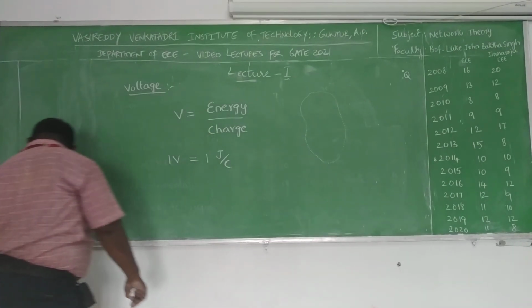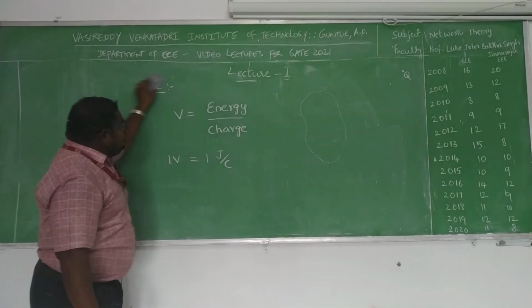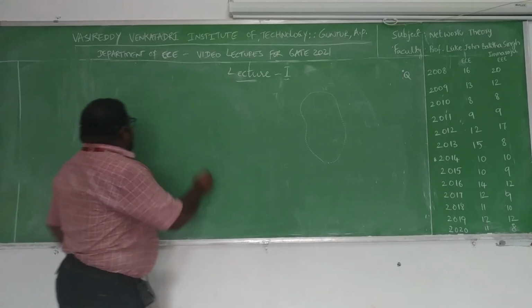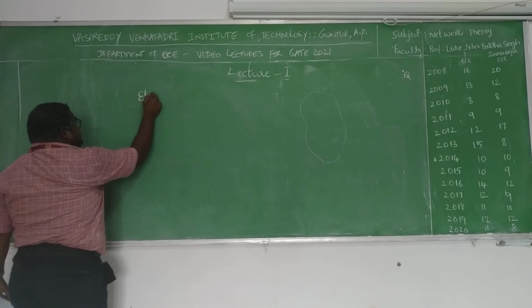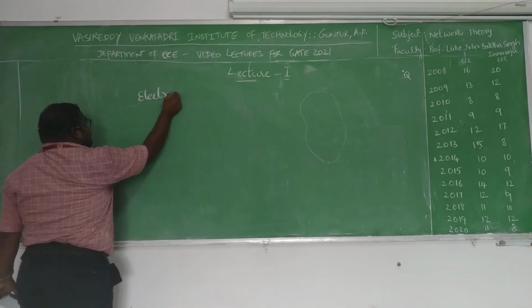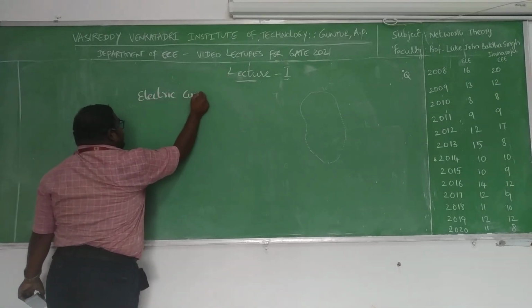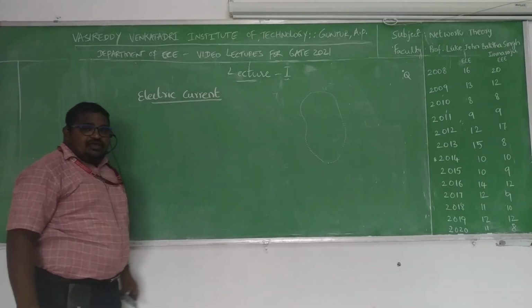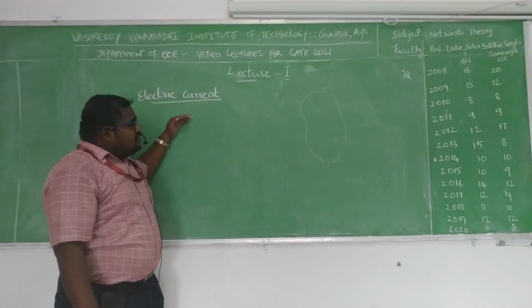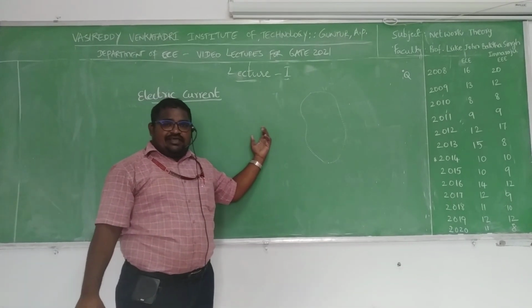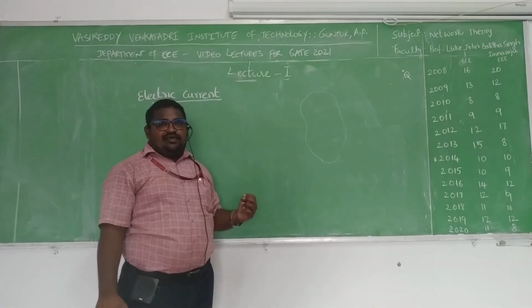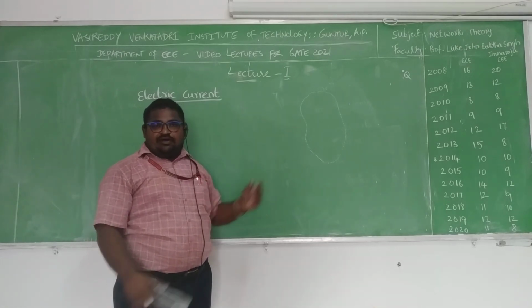Next, what do you mean by electric current? The flow of free electrons is called current, or the rate of change of charge is called current, or the flow of charge is also called current.